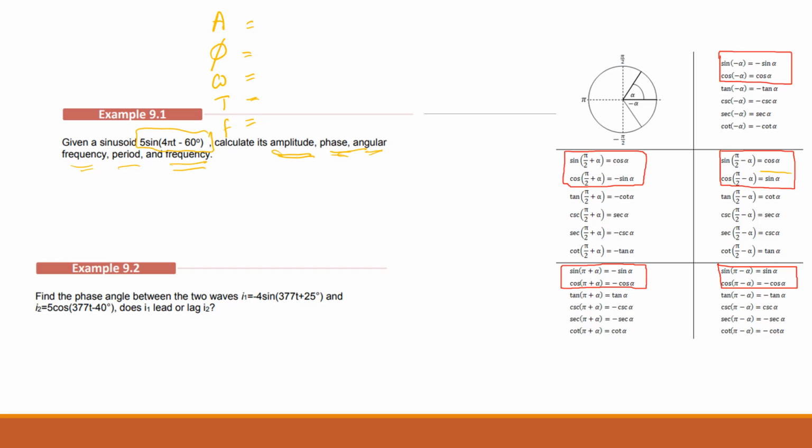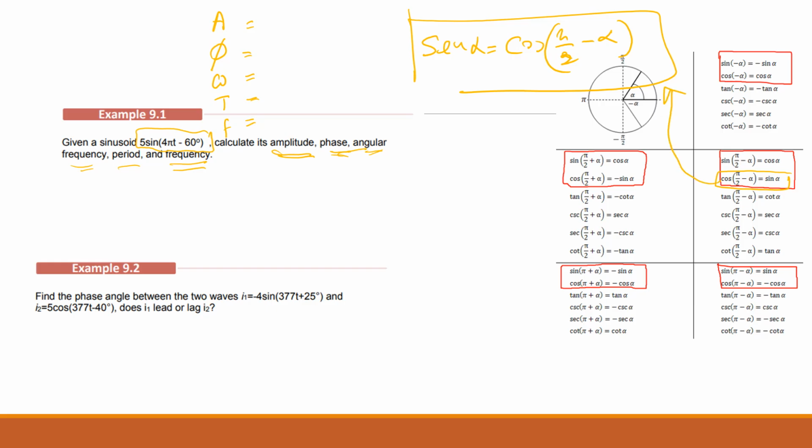So if you use this one, what it says, sine alpha is equal to cos(90 minus alpha). Am I right? Can we say like this? So using this one, can you please convert this signal to a cosine signal? You can use the one that you mentioned, but it makes a negative sign at the front, isn't it? So we try to always have something positive in front of the cos. So how do you convert it?